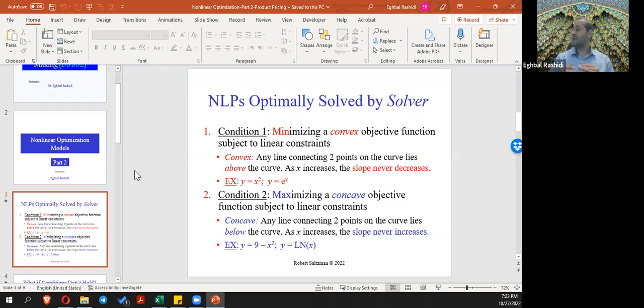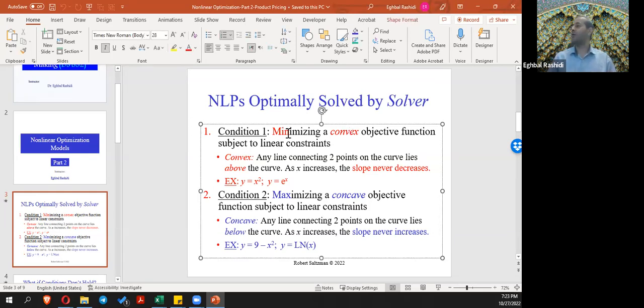There are certain scenarios where we can be sure: when you are minimizing a convex function, or maximizing a concave function. A concave function is one where any line connecting 2 points on the curve lies below the curve.